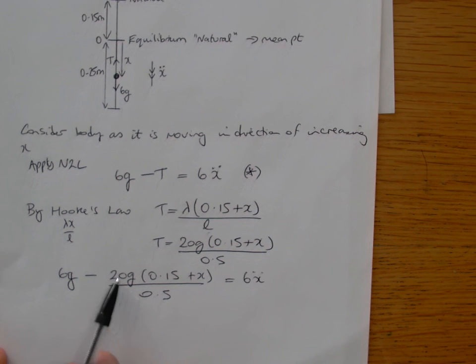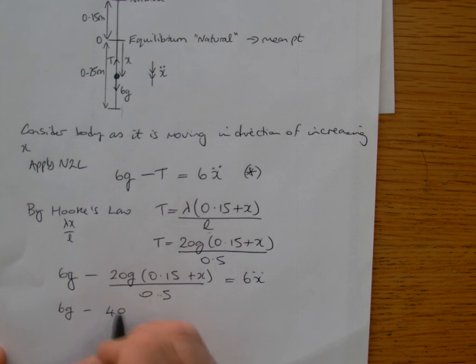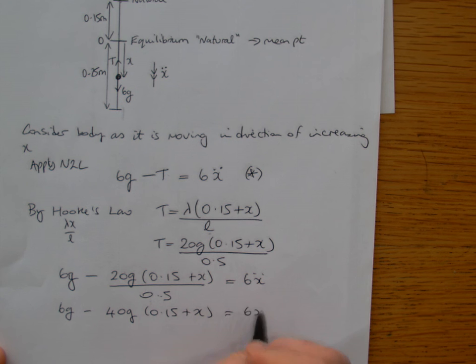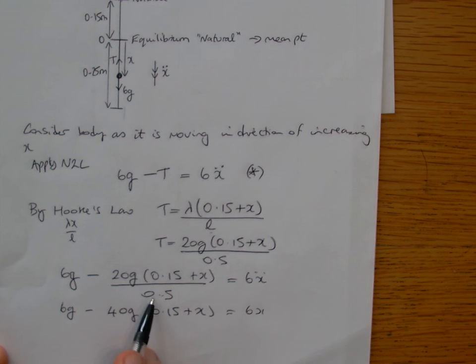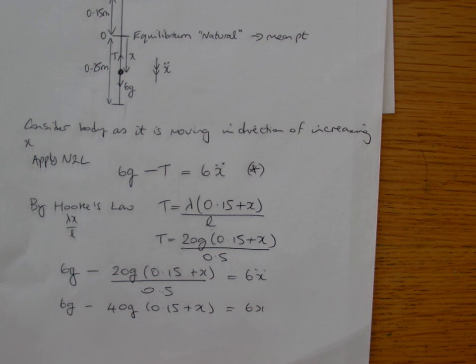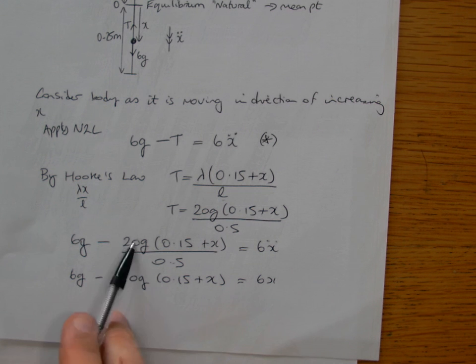Now what I would do here is divide these first, it just makes it so much easier. 20 divided by 0.5 is 40, before you multiply out the bracket. Or you could times the whole thing through by 0.5, that's another way of doing it. Your choice, I prefer to do that.